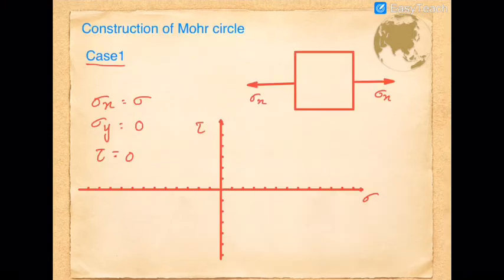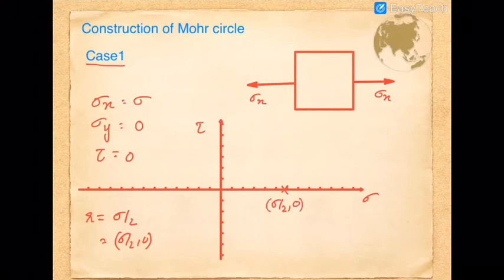So now we identified that the radius of the circle will be sigma by 2, and the center coordinate will be sigma by 2, 0. So along the x-axis, the horizontal axis, we can mark a sigma by 2 distance. That will be the corresponding coordinate, 0 coordinate.